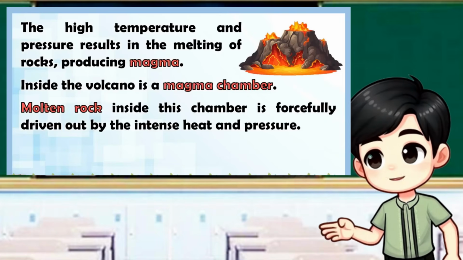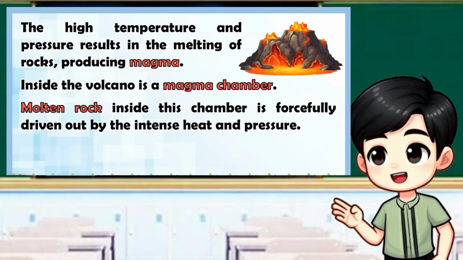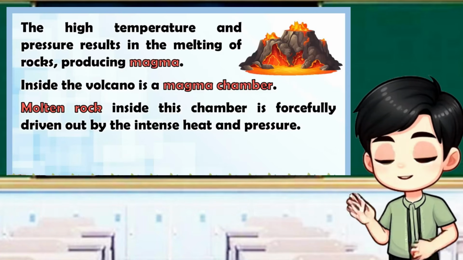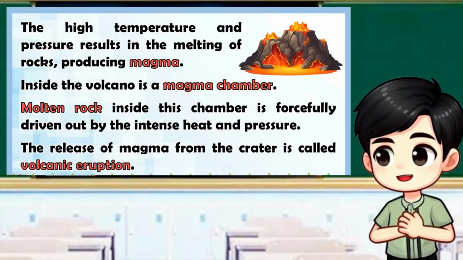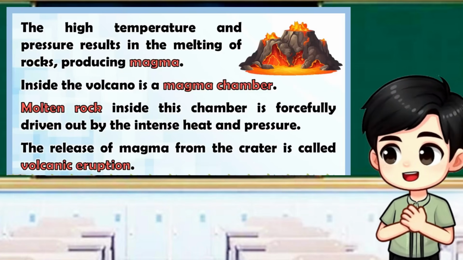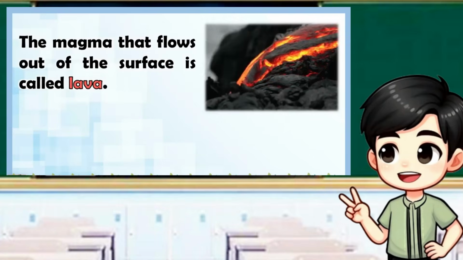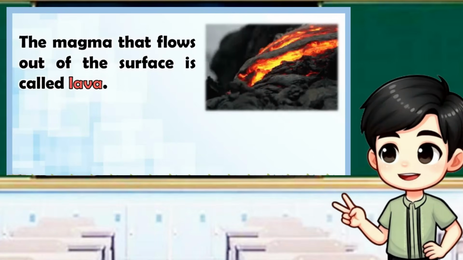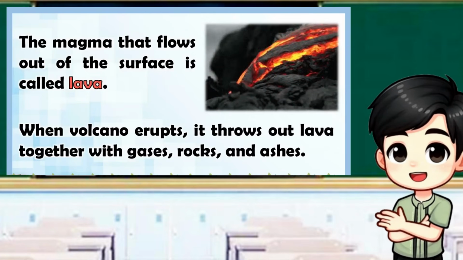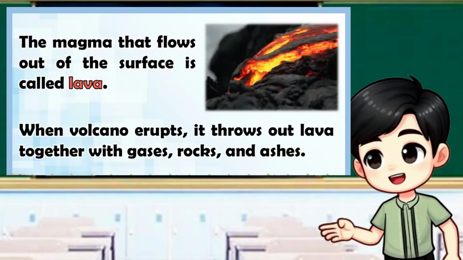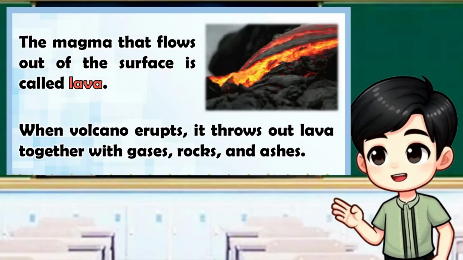Molten rock inside this chamber is forcefully driven out by the intense heat and pressure. The release of magma from the crater is called volcanic eruption. The magma that flows out of the surface is called lava. When a volcano erupts, it throws out lava, together with gases, rocks, and ashes.